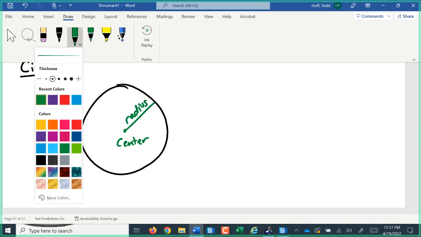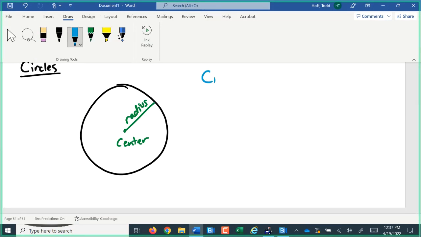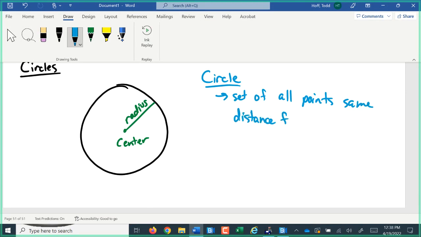The technical definition of a circle is the set of all points equidistant, or the same distance, from a given point.